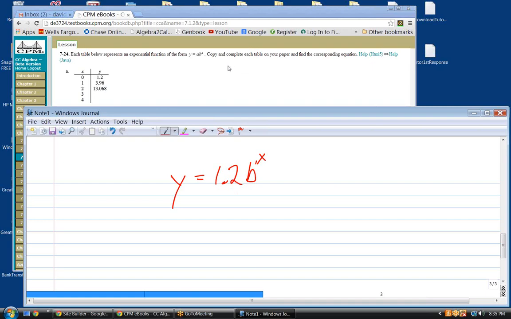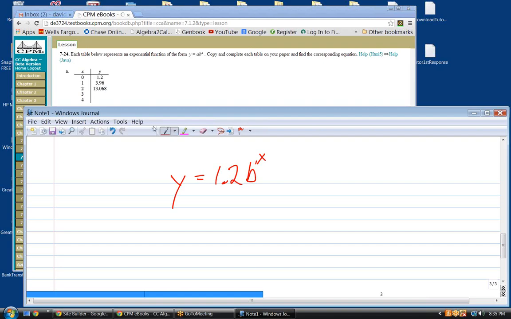Now, okay. Copy and complete each table on your paper and find the corresponding equation. So we still have to figure out what b is and what y would be when x is equal to 3.